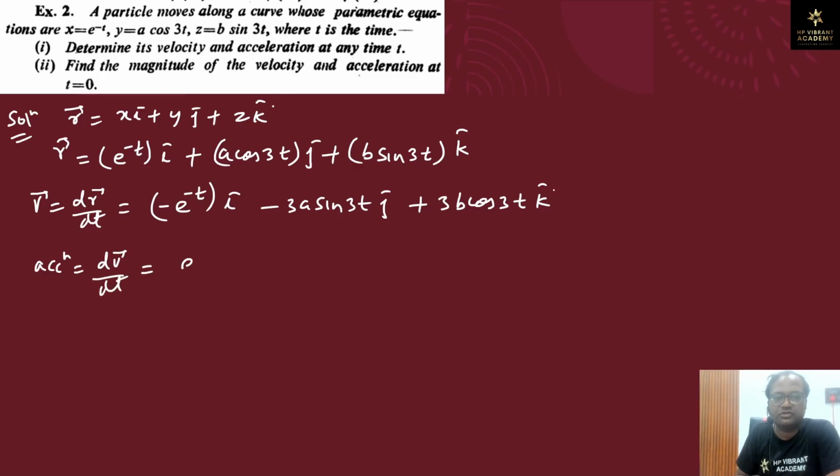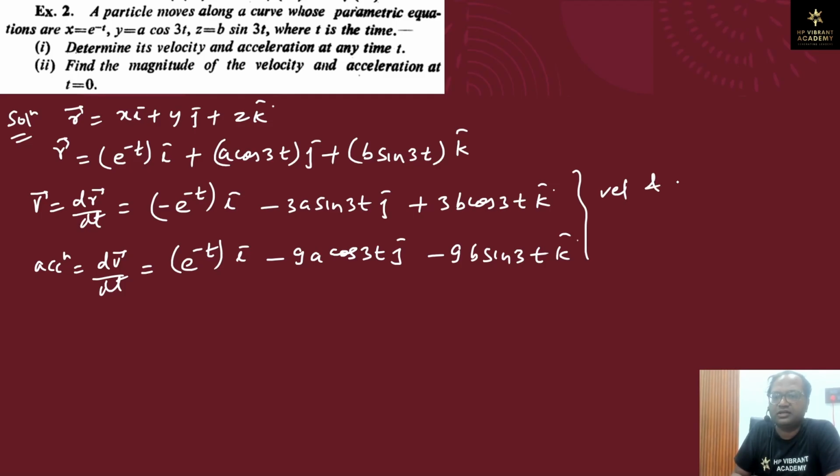So this is equal to e to the power minus t i cap minus 9a cos 3t j cap minus 9b sin 3t k cap. Okay, so this is the velocity and acceleration at time t. Okay, this is part 1.